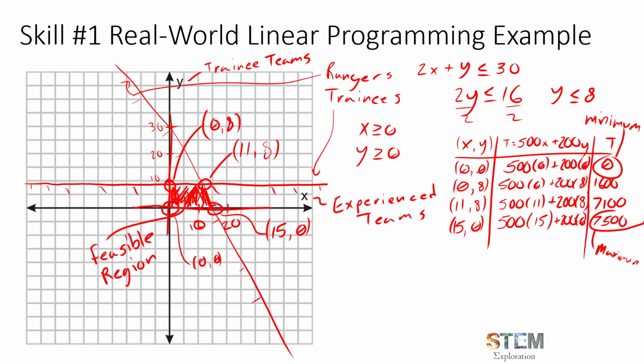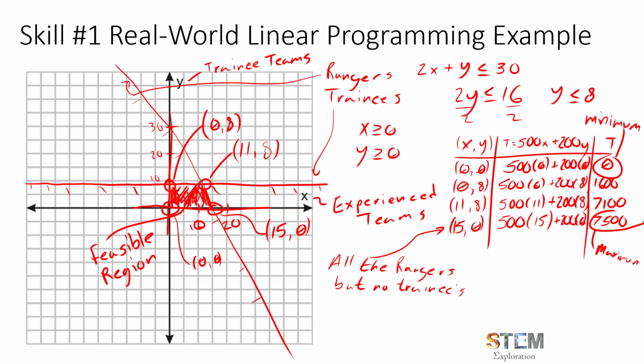And if we're looking at rangers and trainees, you can say that this is the maximum, but what you're going to notice here is that this situation uses all the rangers but no trainees. And one of the things I want you guys to start looking at is, what does the information mean when you're plugging these things in? And are there things we should be objectively looking at and taking into consideration?